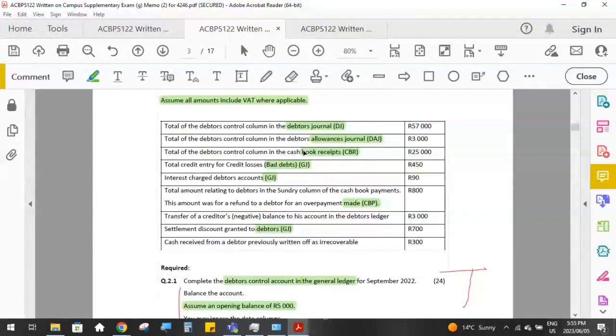Then the next item said total of the debtors control column in the cash book receipts. So this 25,000 would have been the money that our customers paid us during the month in order to pay off the balance on their accounts. When our customers pay us, that decreases the total amount owing to us.